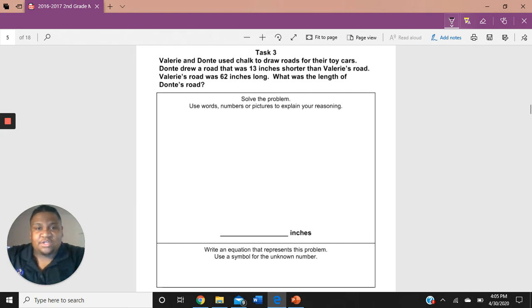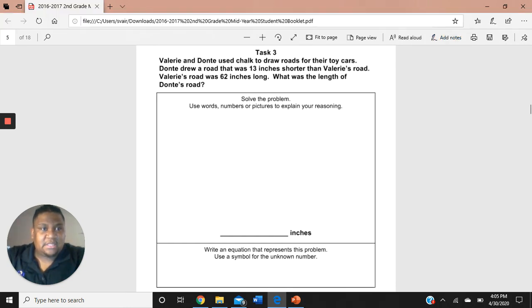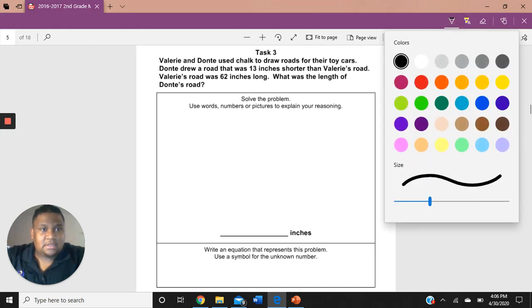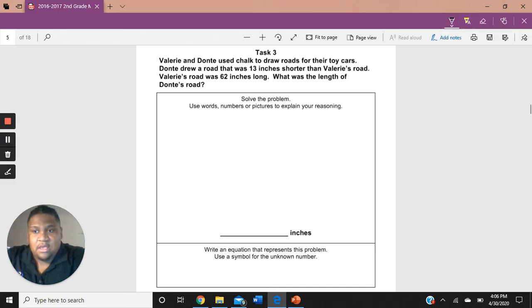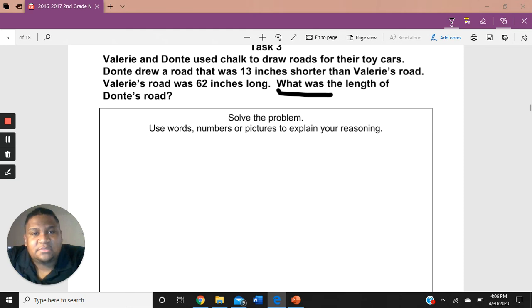So, of course, I want to underline my question. What was the length of Dante's road?